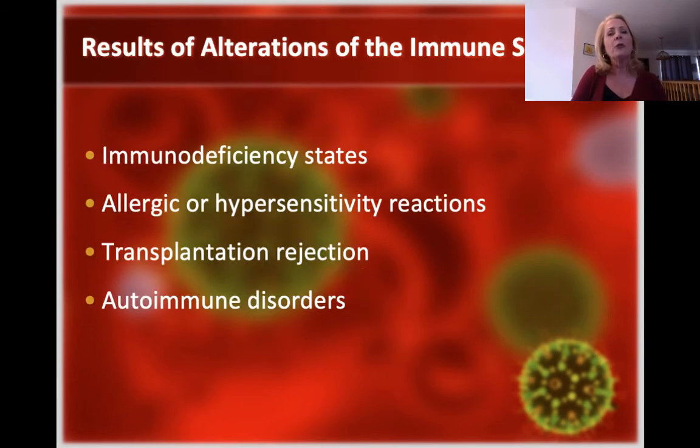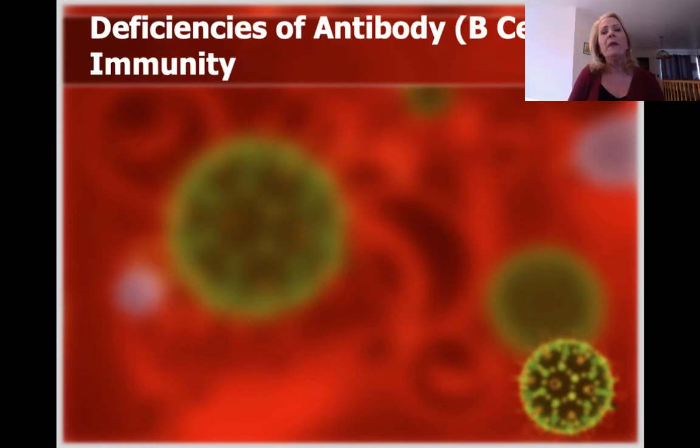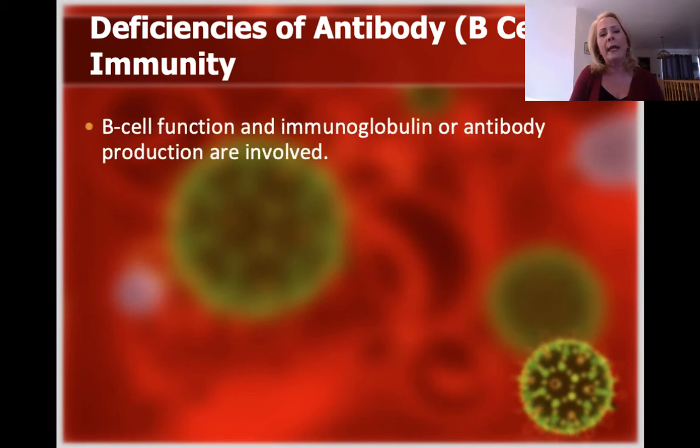Okay, so alterations in the immune system can be immunodeficiency states, which we'll talk about. Allergies or hypersensitivity reactions, transplantation rejection, and then other autoimmune disorders can occur. So, first type of immunodeficiency state is a deficiency in B cells, okay, in certain or all antibodies.